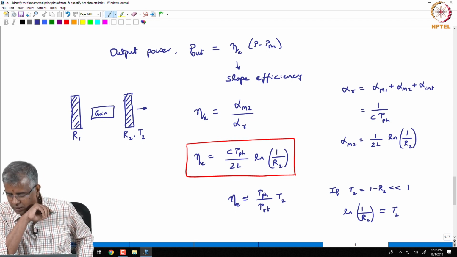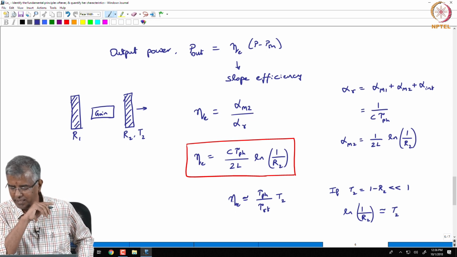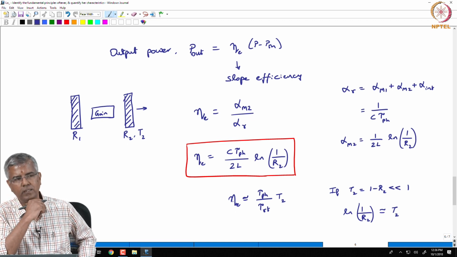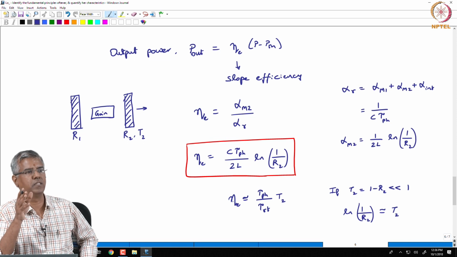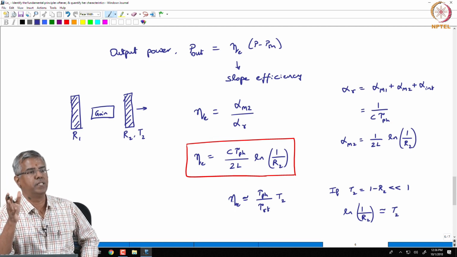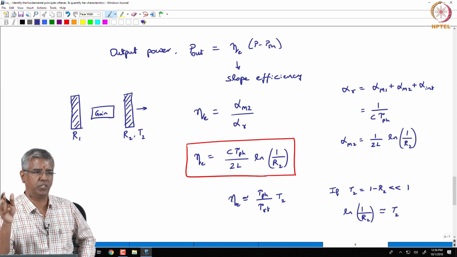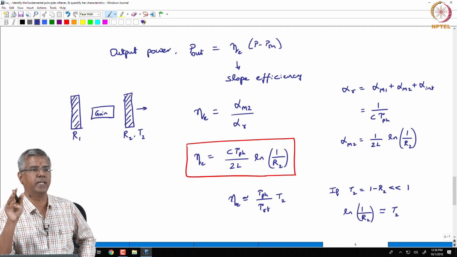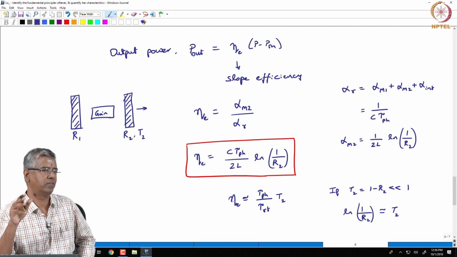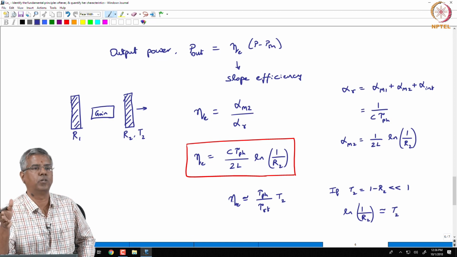So, what does that tell you? I am just writing it so that we can get a little bit of insight into this. If we want high slope efficiency, high conversion efficiency from pump to signal photons beyond the threshold, you lose certain energy to overcome the losses, that is your threshold pump power.